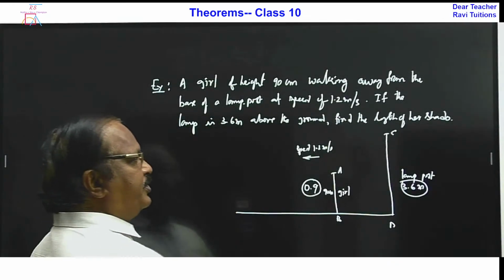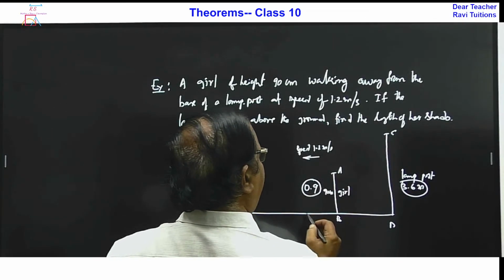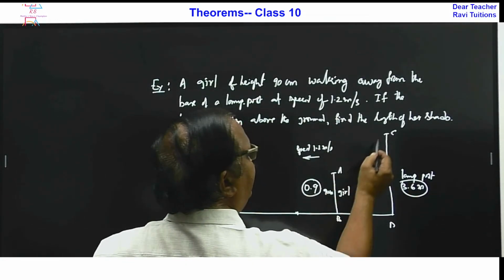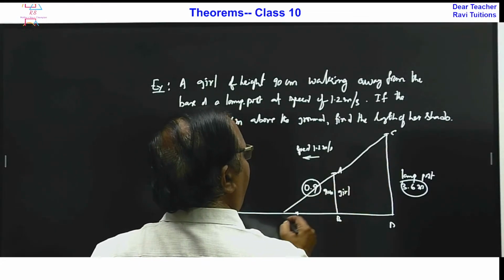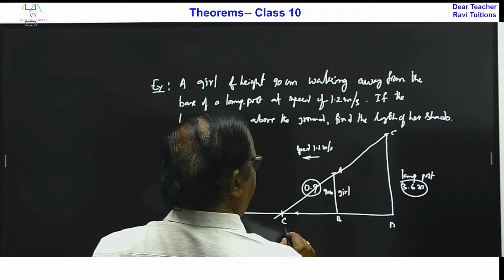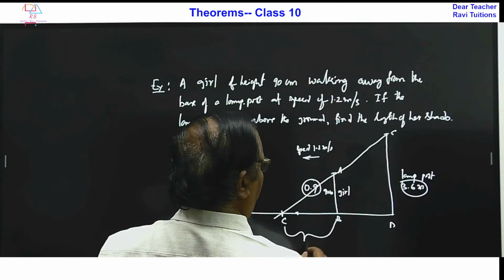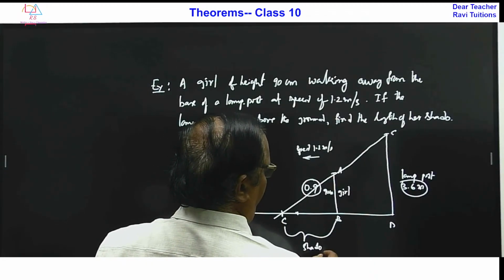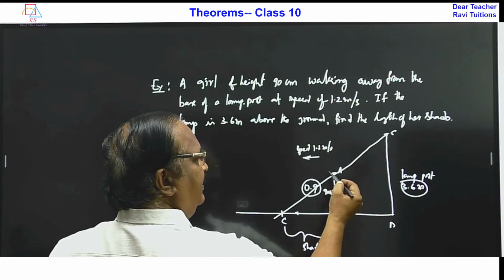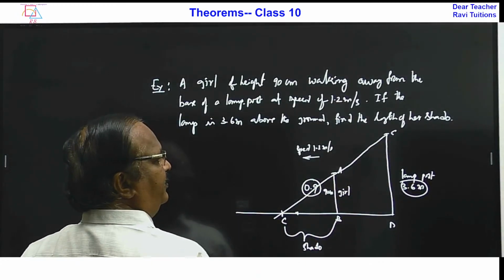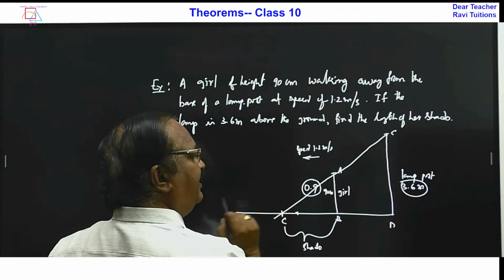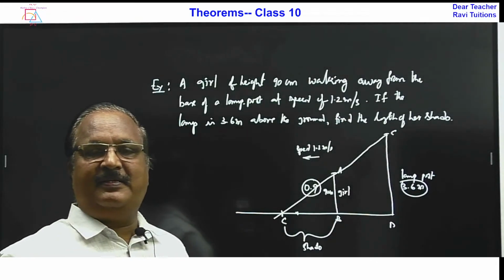Now the lamp post is here, this is the lamp. Definitely the girl's shadow will come till here. So this is ABC, and BC is the shadow. When the light comes like this, the girl's shadow falls on the ground.